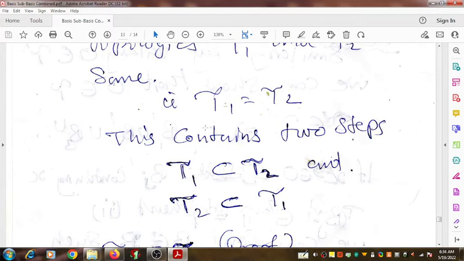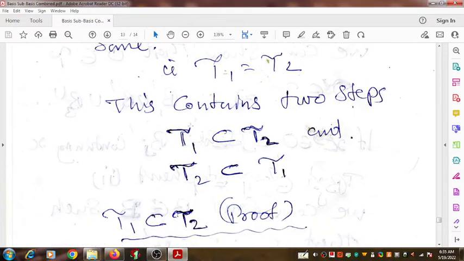In set theory, τ1 is a collection of sets, and τ2 is also a collection of sets. To prove their equality, we want to show that anything present on the left side is present on the right side also, and similarly anything present on the right side is present in the left side set.